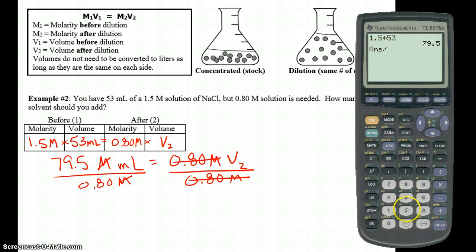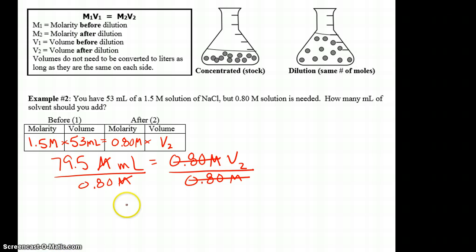Let's divide it by 0.80. We get 99.375. Well, this was 2 sig figs, and this was 2 sig figs, and this was 2 sig figs, so we're going to round that to 99, making it 2 significant figures. So V2 is 99 what? Milliliters. That's what we didn't cancel out. So our V2 is 99 milliliters.